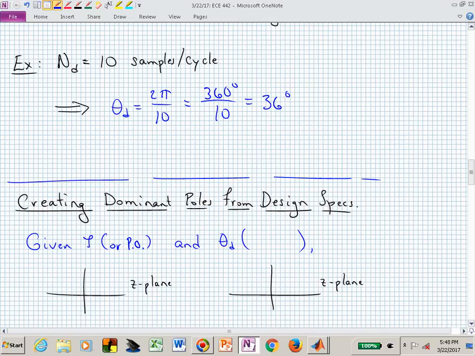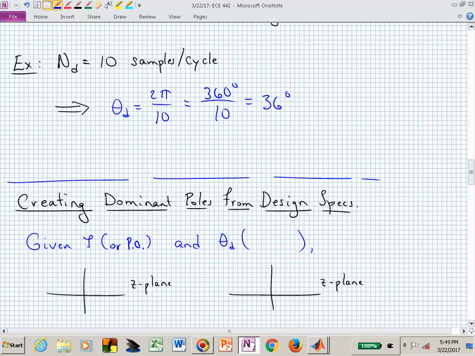Settling time was circles. Percent overshoot, hearts. And time to peak, wedges, somewhere beyond some angle.